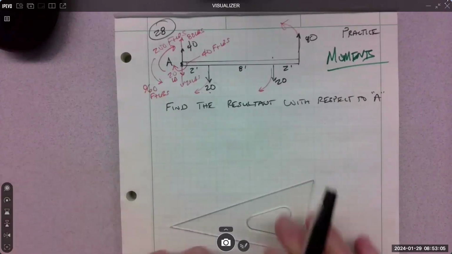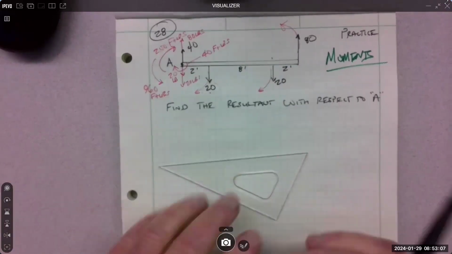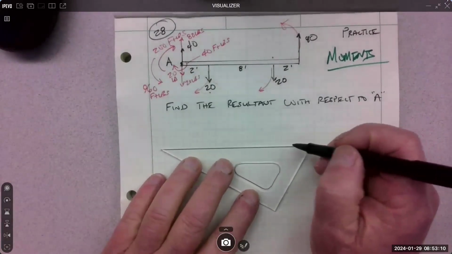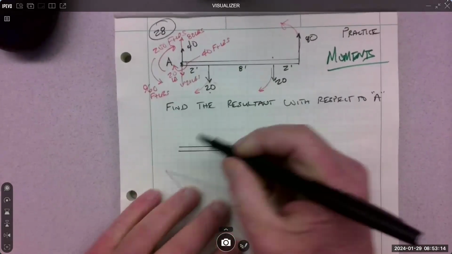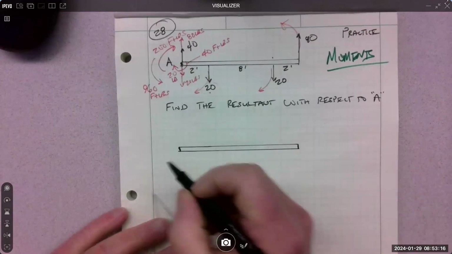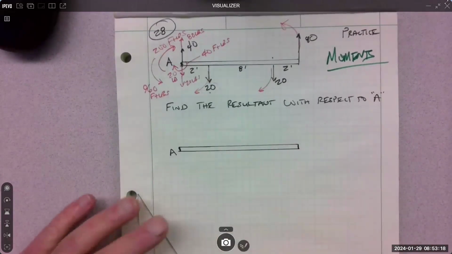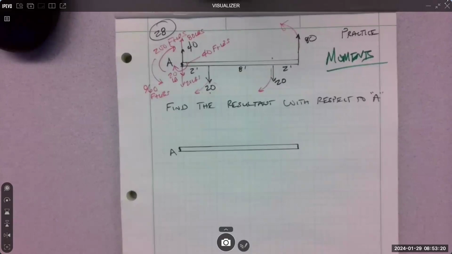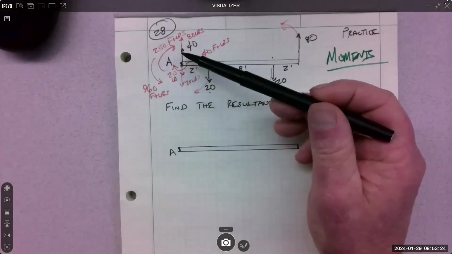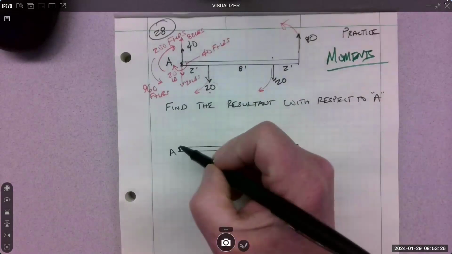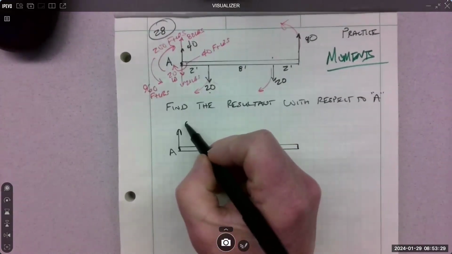So now my beam looks like this. I'm going to sum them all up. Here's my point A. Adding all the vectors up: 20 down, 40 up, 80 up. Looks like it's 80 up.